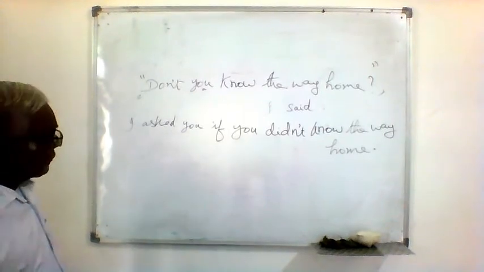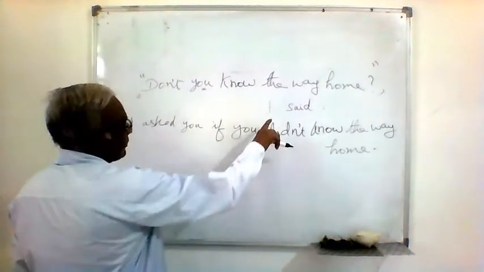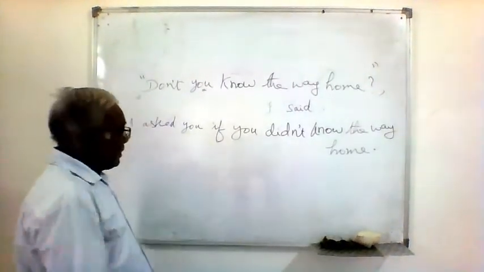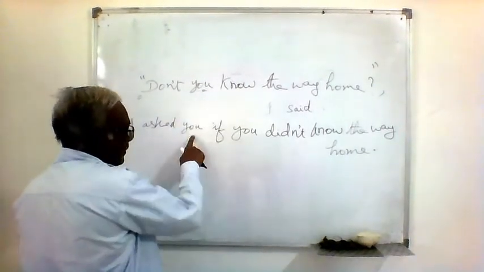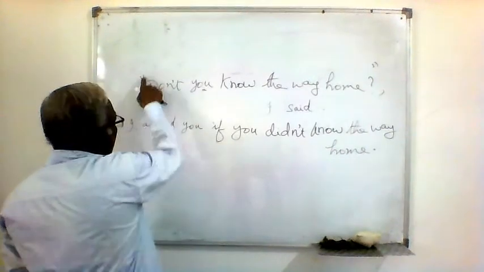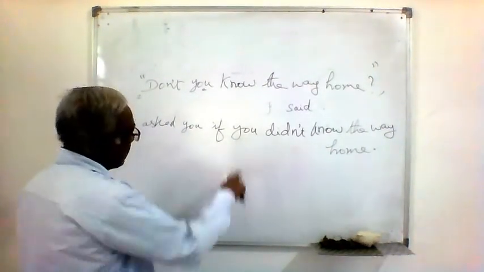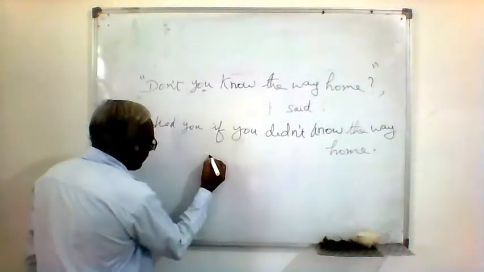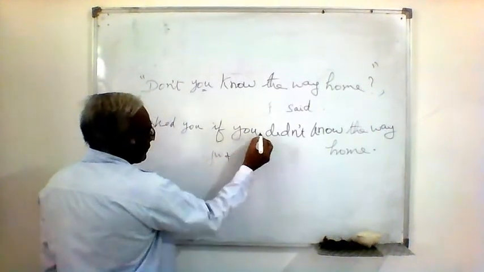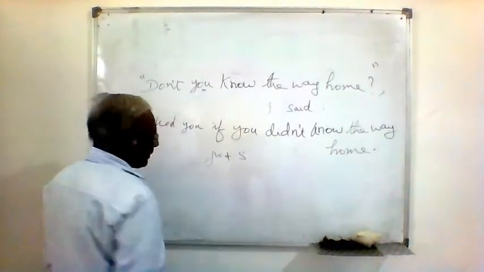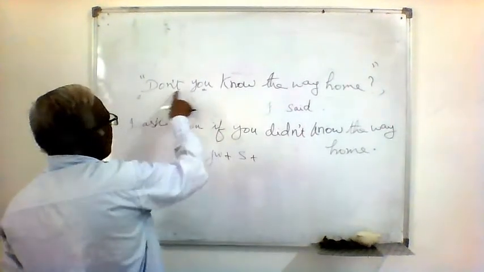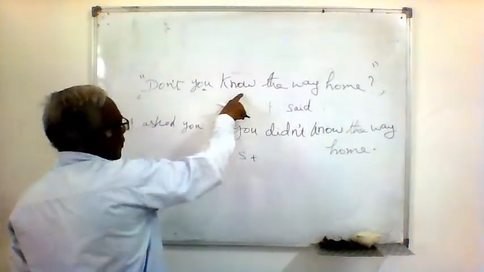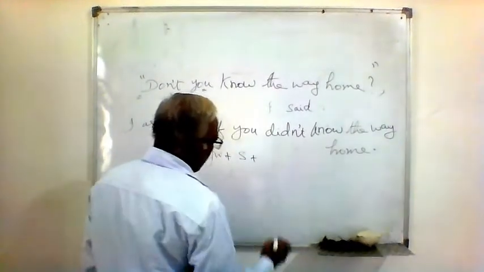There are a number of changes. The "I said," which is at the tail end, comes here. I asked. Whom did I ask? I asked you. Then you need a joining word there. If, you subject. So joining word, subject. "You" is the subject, and here the verb "don't know" has become "didn't know."